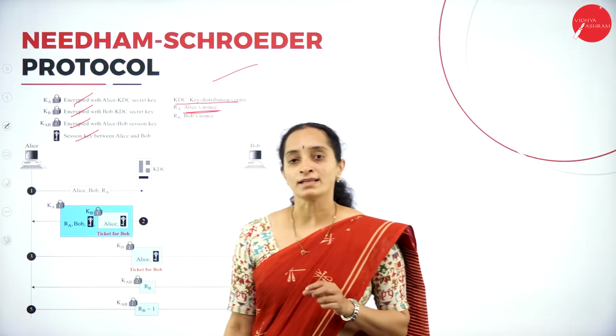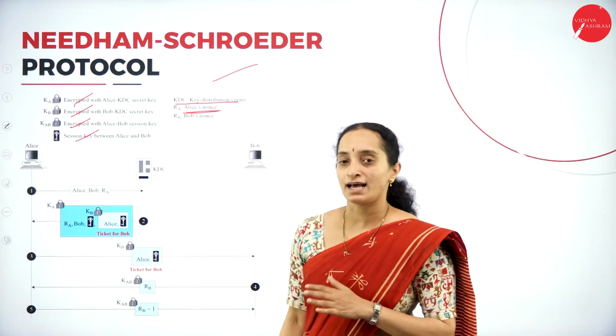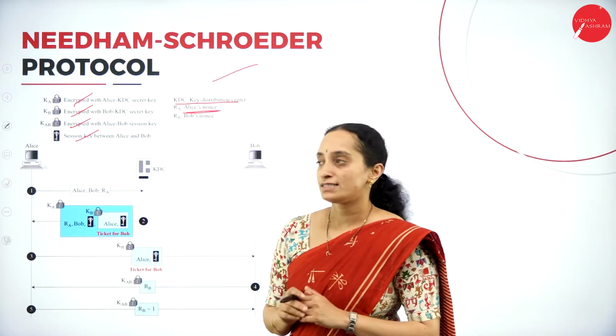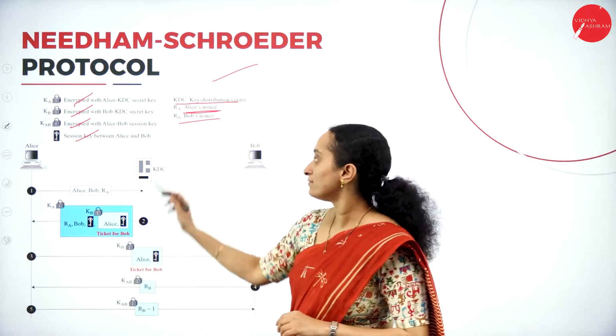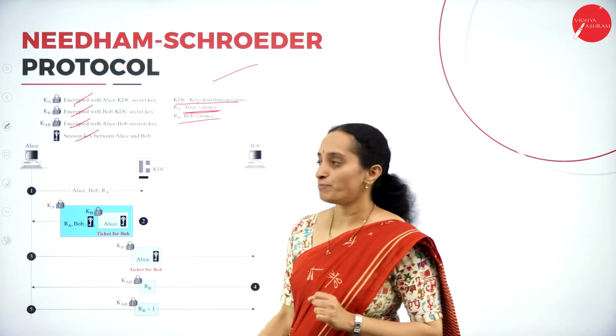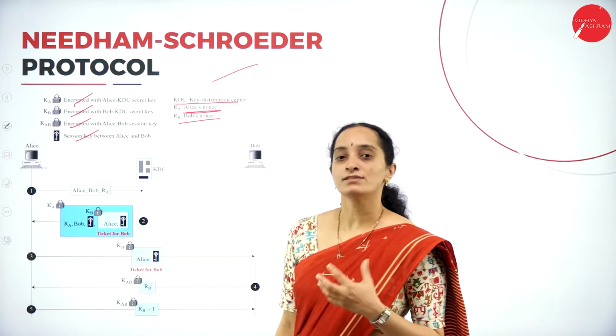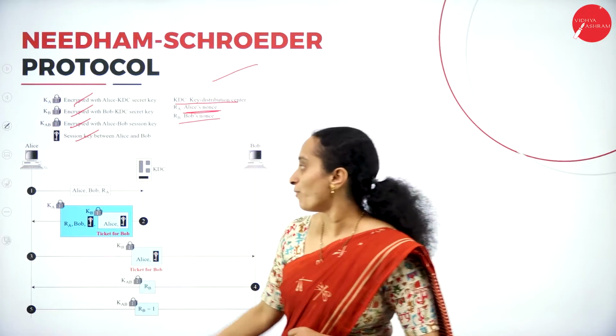A nonce is nothing but a value to be shared only between the sender and the receiver. Bob also has a nonce, which is a random number represented as RB, and RA is of Alice. Nonce of Alice and nonce of Bob.